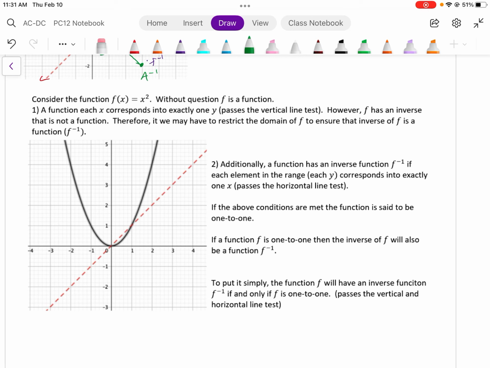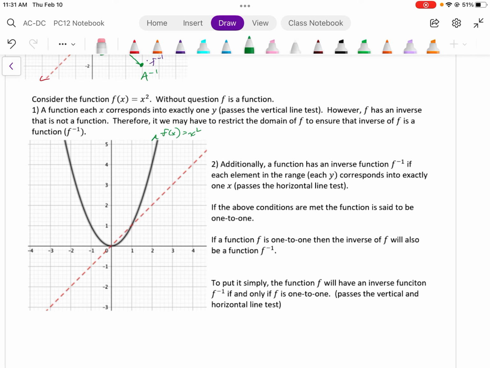So let's look at this a little bit. Consider the function f(x) = x squared. Without question, this is a function. That's why we studied it all last year, because it was a quadratic function. In a function, each x corresponds to exactly one y.